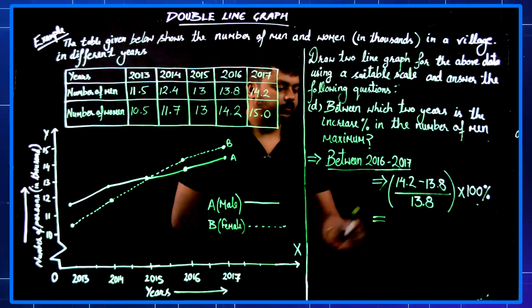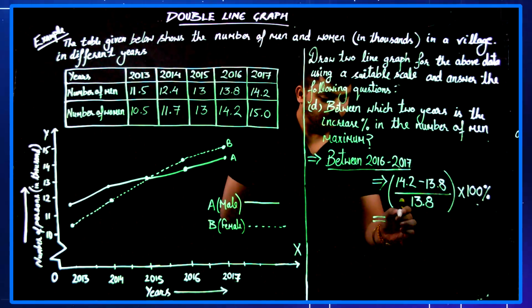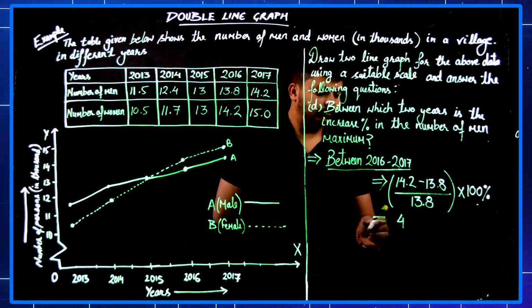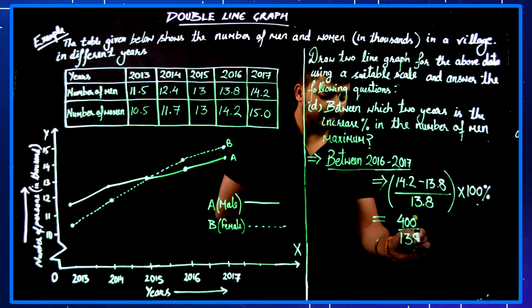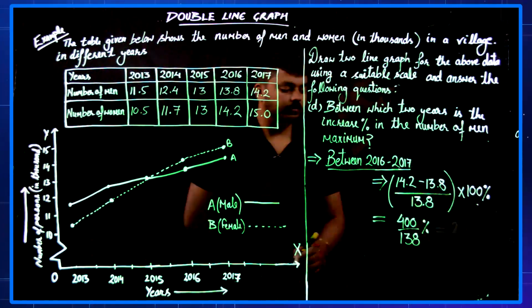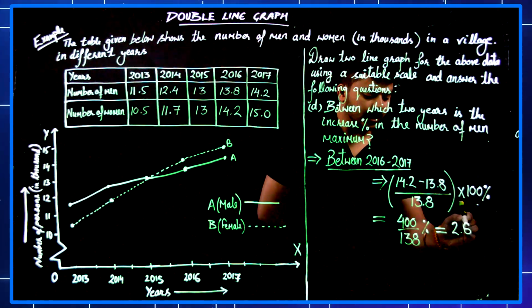So we get 400 by 138 percent, which is 2.89%.